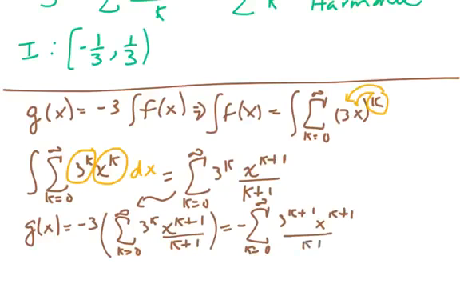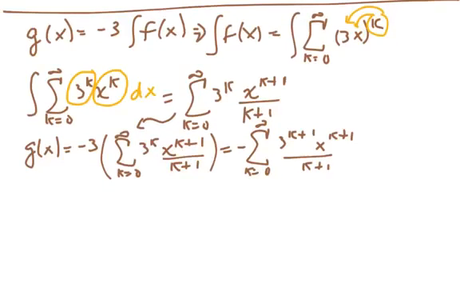over k plus 1. So now what I can do is subtract 1 off of all of the k's, and then add 1 here, right? That's the equivalent.